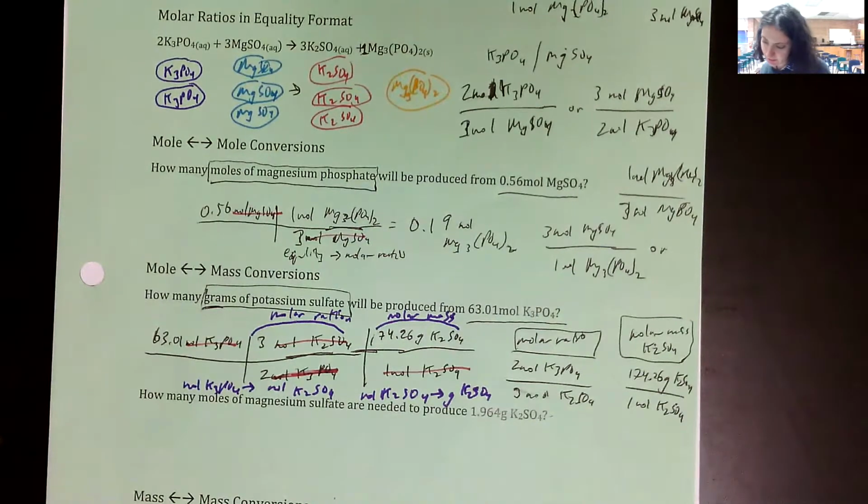I got a number that's a little bit unbelievable. Let me try again. I think I made a mistake. I got like 12,000. I was like, ooh, that seems a little high. 174.26 times 63.01 divided by 2 times 3. Now 16,000 seems to be correct.